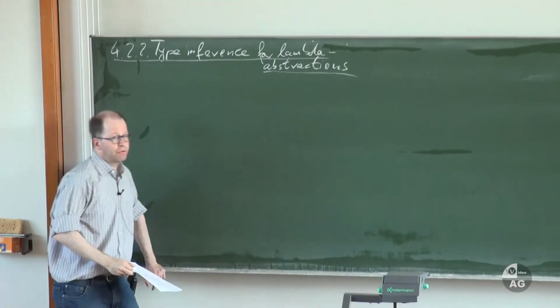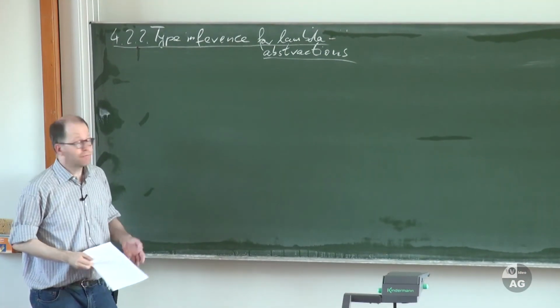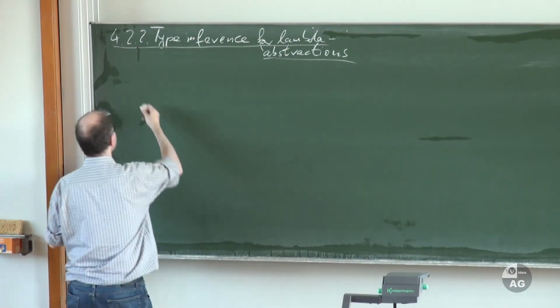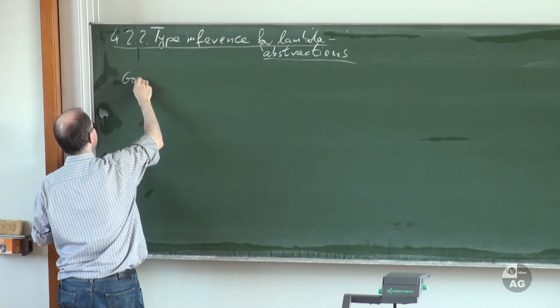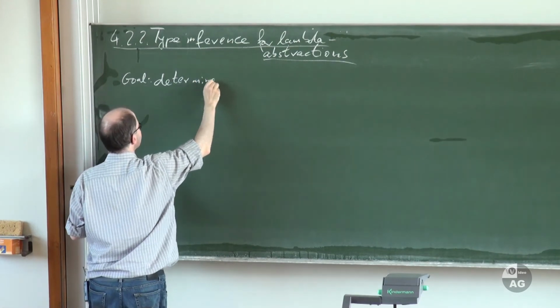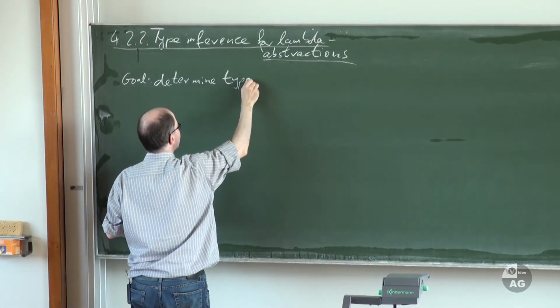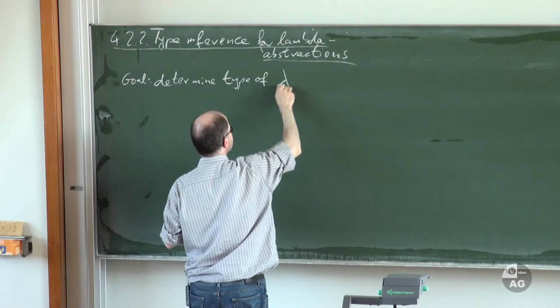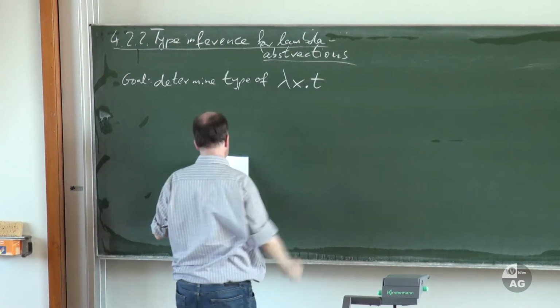So now we have to compute the type for a term like this. So the goal is to determine the type of something like this, lambda x dot t.